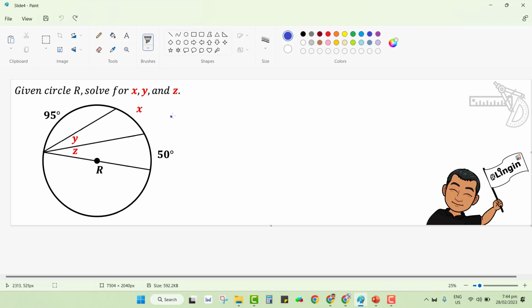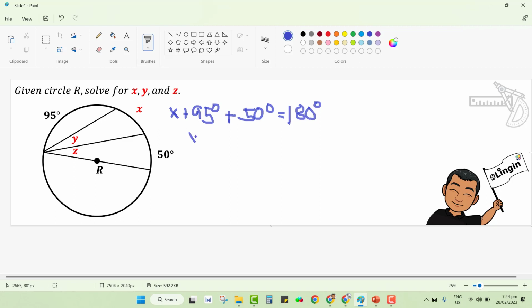In that case, we could write x plus 95 degrees plus 50 degrees must be equal to the measurement of a semicircle, which is 180 degrees. With this equation, we can solve the value of x, which represents the measurement of this arc.